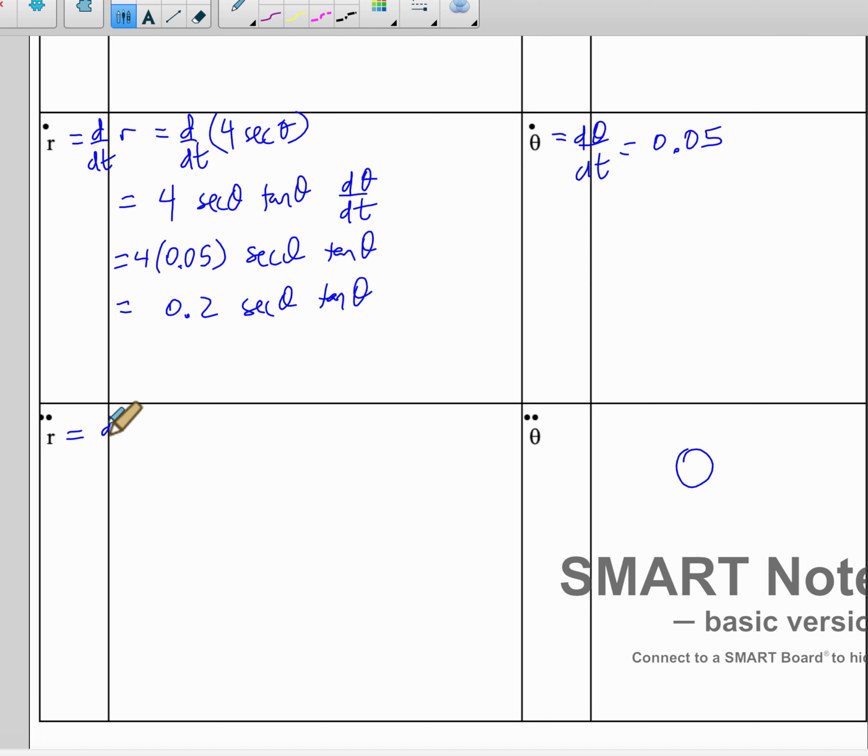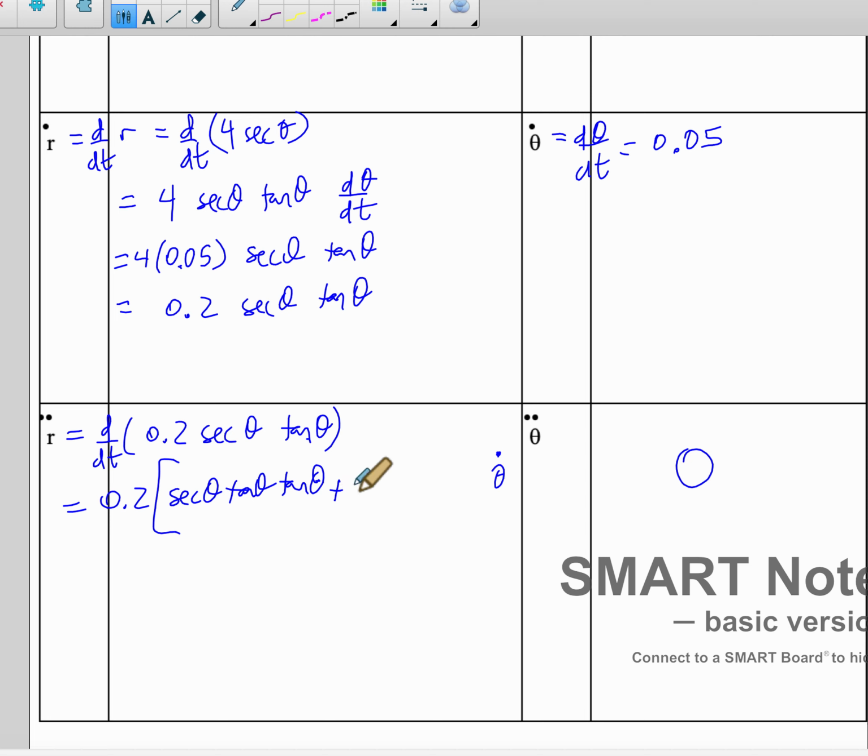For r double dot, that's the second time derivative, which means we have to time differentiate this. So clearly we're going to have to use the product rule. So that's 0.2. We'll differentiate secant first and leave tan alone. When you differentiate secant, you get secant theta tan theta, and we left tan theta alone. And then, of course, we have to multiply all this by d theta dt. That's going to appear in both terms, so I'm just going to factor it out.